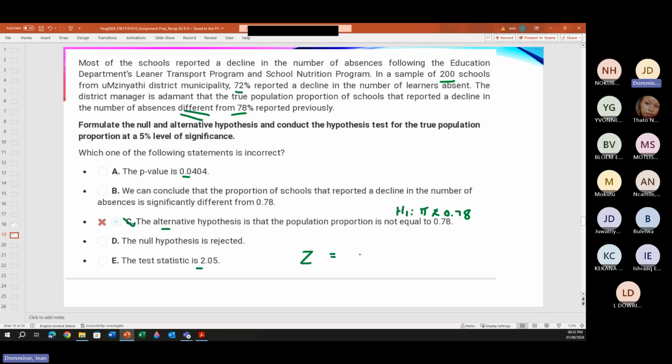So z is equal to the sample proportion minus the population proportion, divided by the square root of the population proportion times 1 minus the population proportion, and that divided by n, which is 200.